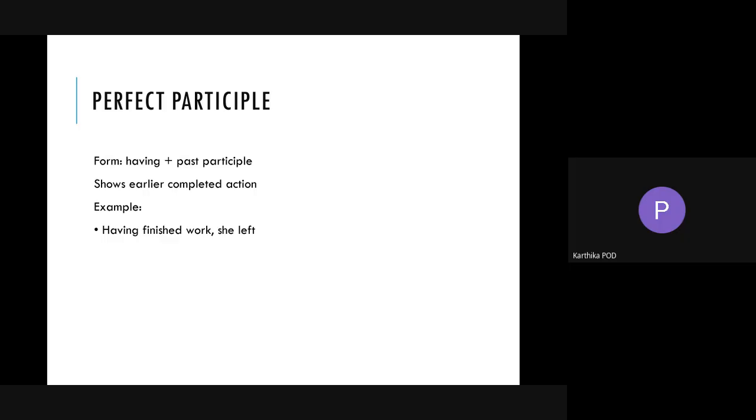The moment you see this sentence, you know that because it has having in front of the verb form, which is in the past, which is finished, this is a perfect participle. And what does it show? It shows earlier completed action. Having finished work, I went for a stroll, or having finished work, she left. So these show that the action has been completed. Okay.